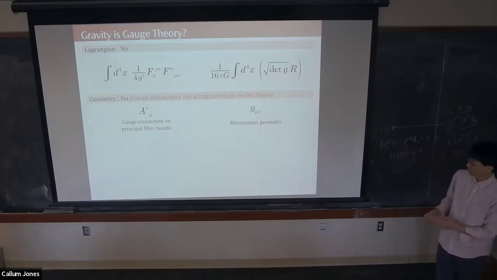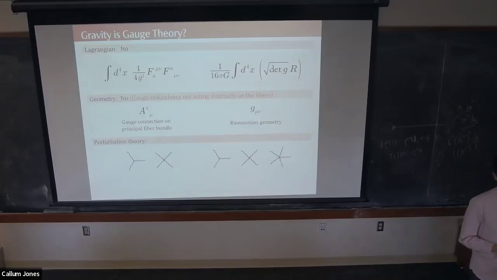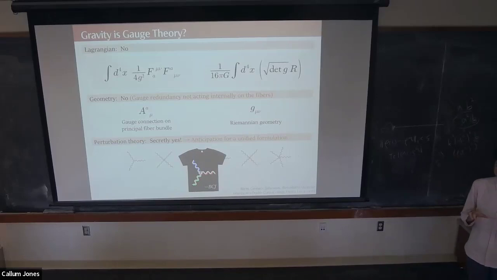They're induced from the space-time diffeomorphisms, which shift the base points. But for Yang-Mills theory, we don't shift the base points, so they're different. And also in terms of perturbation theory, they are radically different. But Zvi will tell us that they are secretly sharing some structure, so that they can also all be formulated in terms of cubic vertices.